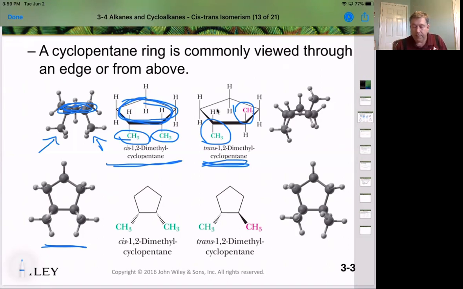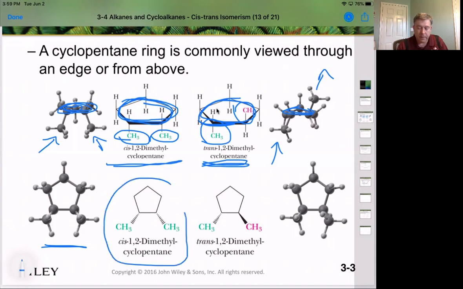Again, if we look at this substituent here, this is our ring. We have one substituent up and one substituent down. That's our trans configuration. Another way to draw that is to use this type of structure right here, where we draw the ring in skeletal form, where each line indicates a bond between carbons, and the little angles are where carbons are.